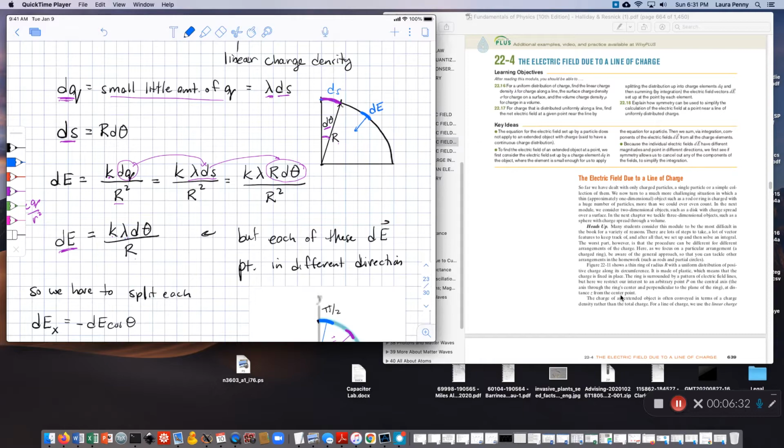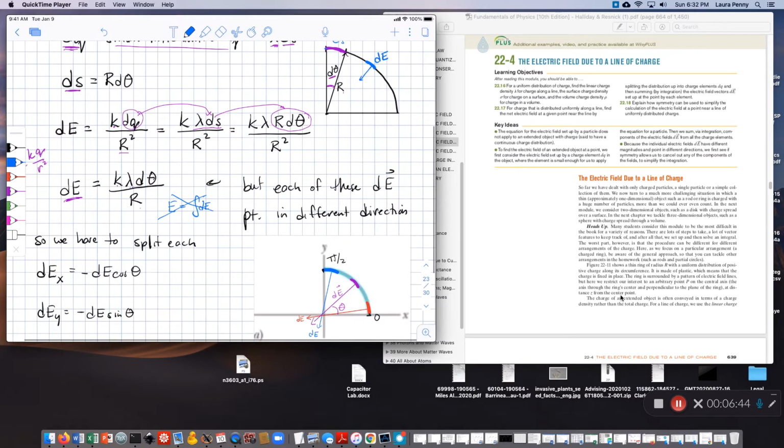It'd be wonderful if I could just say E is the integral of dE. But it turns out that each of those little dE's actually points in a different direction.